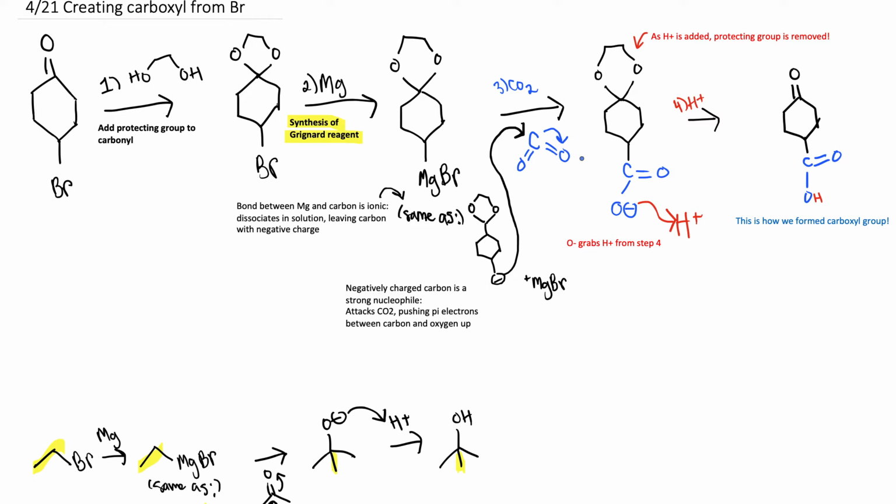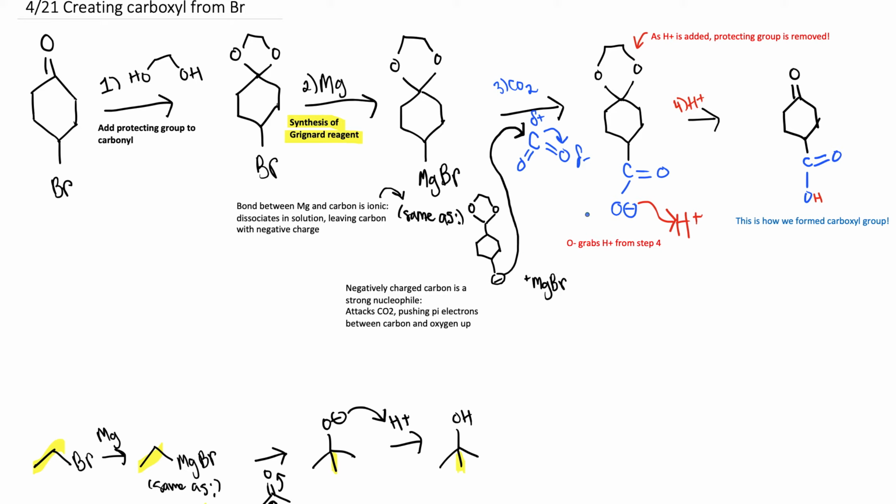So these oxygens are going to have a partial negative charge, and this carbon is going to have a partial positive charge, making it a good electrophile. So this negatively charged carbon will attack our partial positive carbon. That's going to end up displacing our pi electrons, pushing the pi electrons between carbon and one oxygen up onto oxygen. So now we've ended up attaching our CO2 to our molecule.